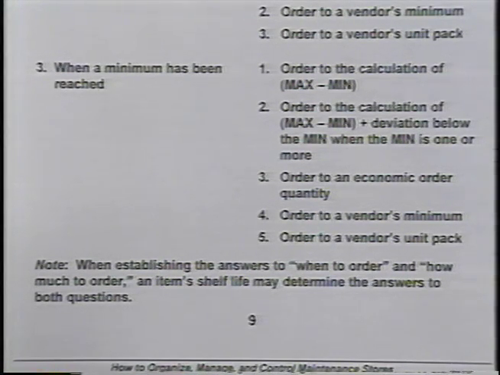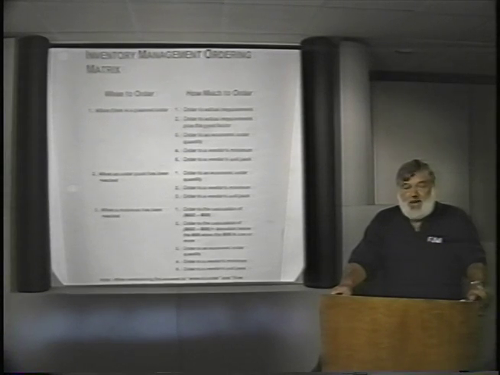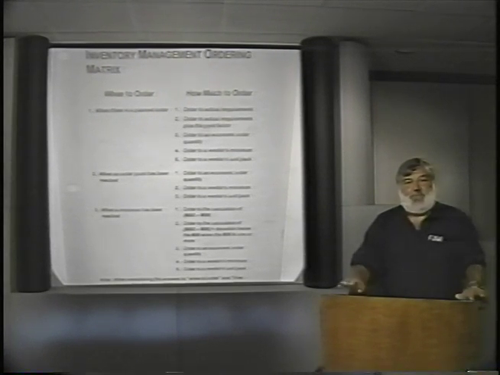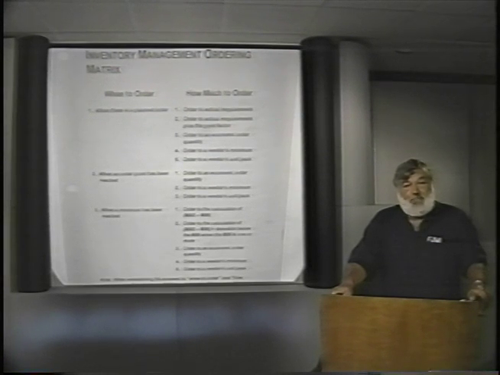Now, let's address the ordering matrix by number. We have a 2-digit field for our inventory management ordering matrix, and they're very simple. They're extracted right from this exhibit. For the first when to order, when we have a plan and a how much, the ordering matrix would be 11, 12, 13, 14, or 15.